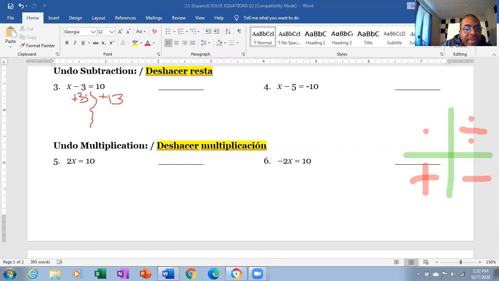So negative 3 and positive 3. If you owed somebody $3 and you paid them $3, now you owe them $0. And once again, if it's a 0, we don't need to write it. At this point, x equals 10 plus 3. I made a mistake. I said 13.